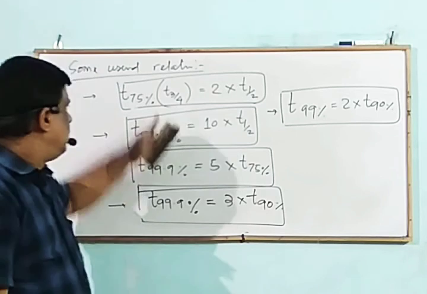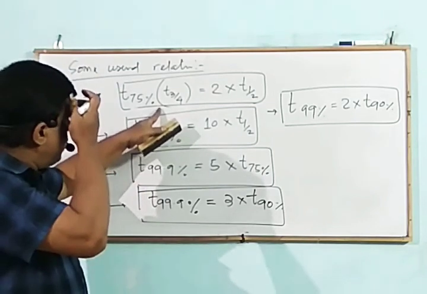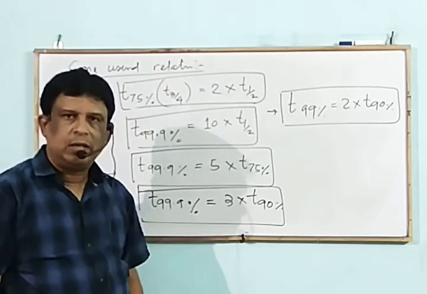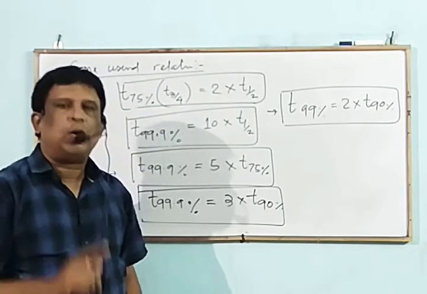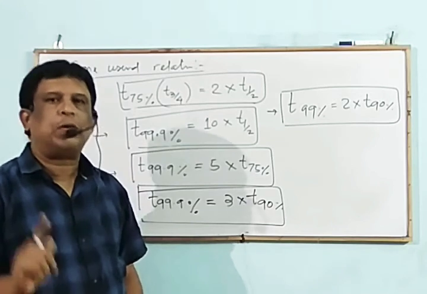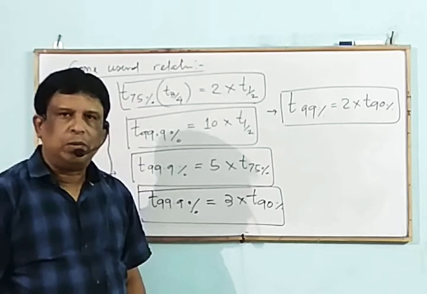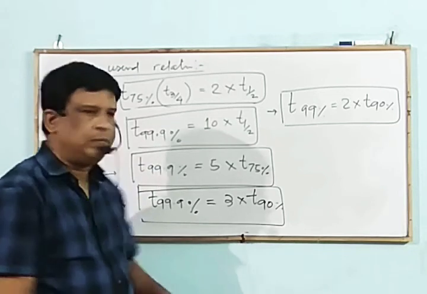First one, that is T75% is equal to 2 T half. That means the time required for completion of 75% is nearly 2 times the half-life period.